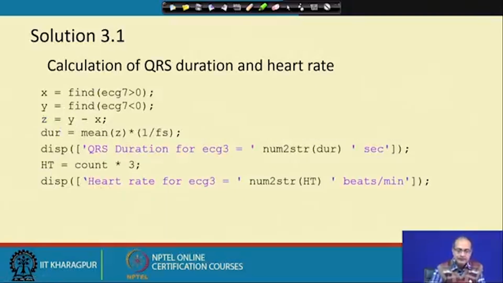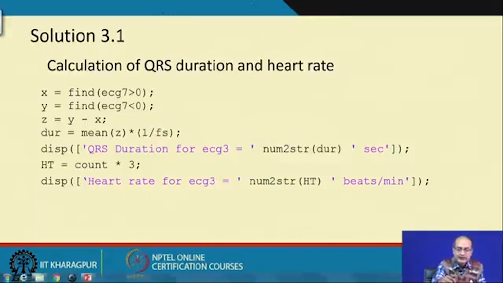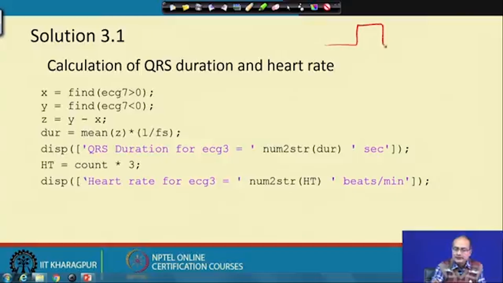ECG 7 will have, after the differentiation of the signal looking like this with 0 and 1, spikes like this, that it will have here 1, here minus 1, and the rest of the places it will be 0.